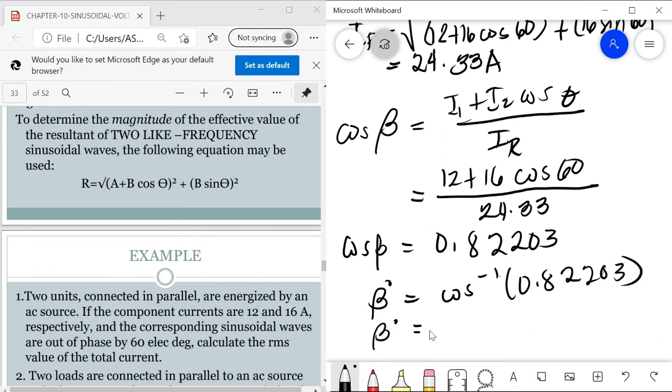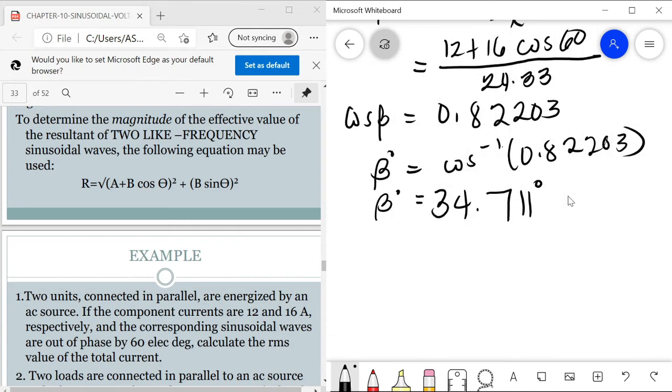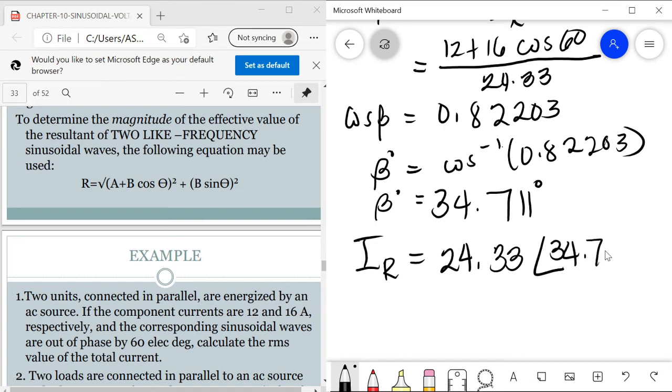Angle beta will now be equal to 34.711 degrees. So our final magnitude and direction will be IR is equal to 24.33 angle 34.711 degrees.